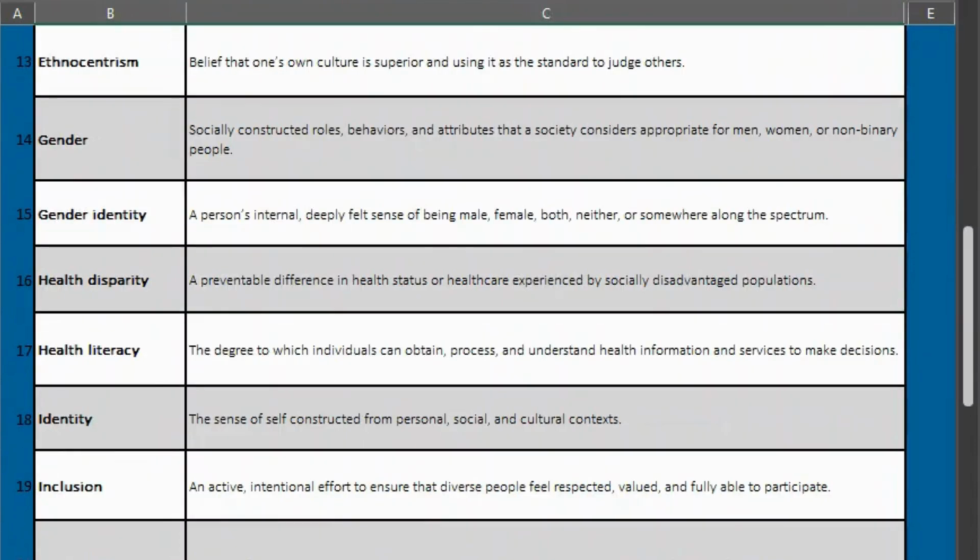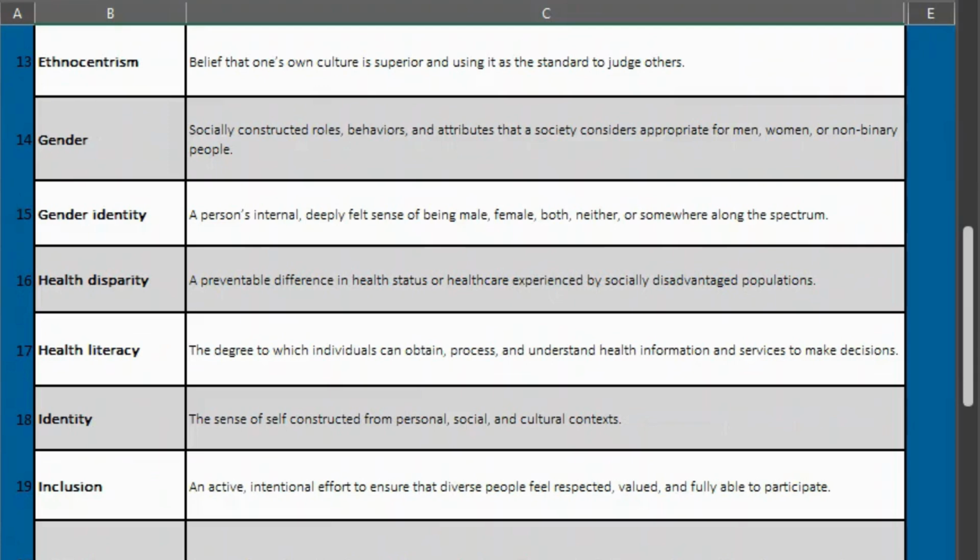Now go to gender. Document chosen pronouns to guide respectful communication. Gender identity: a patient assumed male at birth may identify as female and use she, her pronouns.